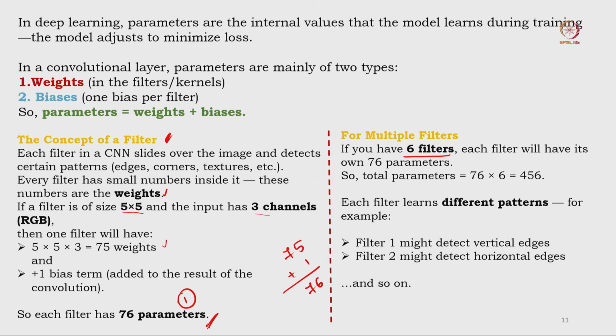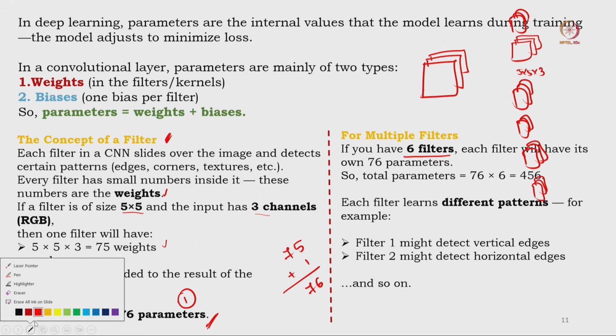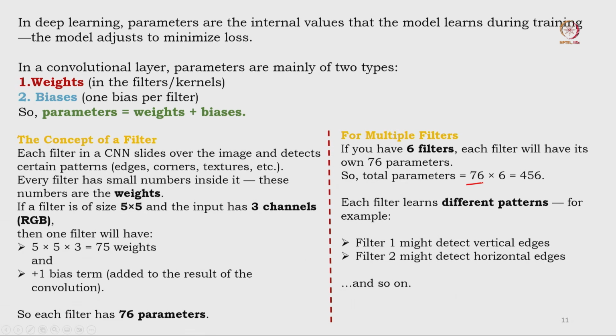Now, if we have 6 such filters, for example, an input image which has 3 channels and a kernel of 5 cross 5 with 3 such channels, and like this you have 6 such filters, then the total number of parameters is 76 for one filter, into 6, so we have totally 456 parameters which the model has to learn here.